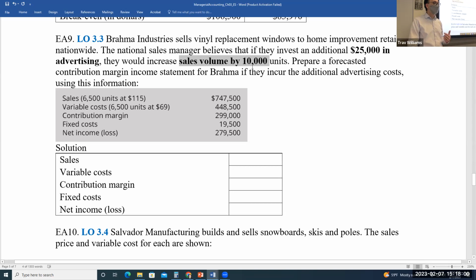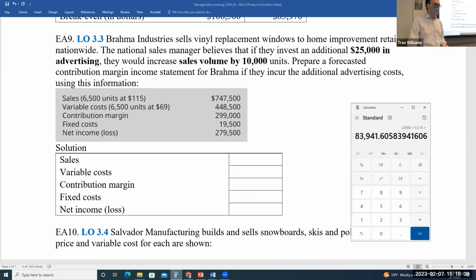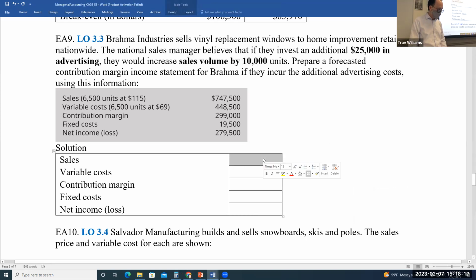So if they increase sales by 10,000 units, then instead of 6,500, there will be 16,500 units, right? The 16,500 units at the same sales price gets us 1,897,500. We have to, with our variable costs, also add that extra 10,000 units.